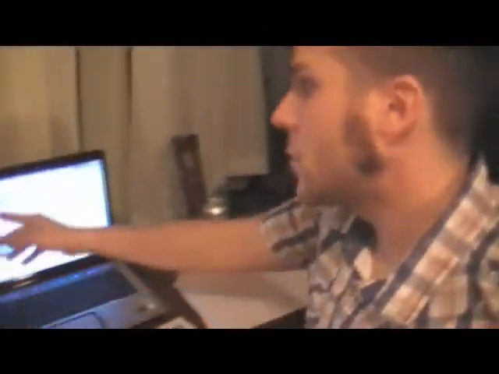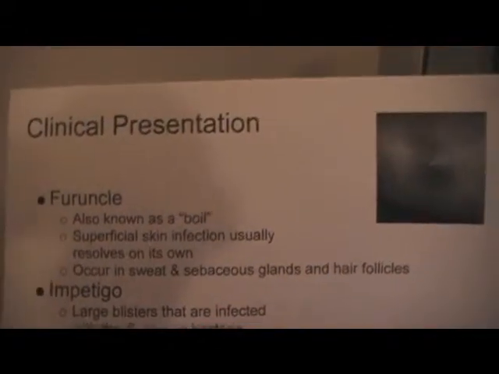But this is pretty much what it looked like, and you can see the pus over here. So if you were to aspirate the pus and put it on media or whatever, you would find that it's full of Staph aureus. And this pretty much occurs in sweat and sebaceous glands that you learned about in Bio 101, and hair follicles.